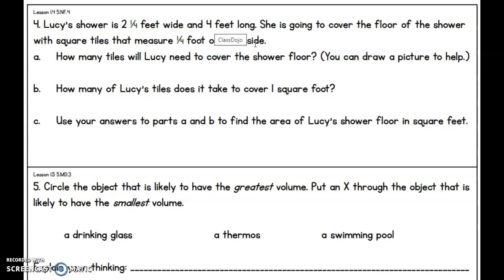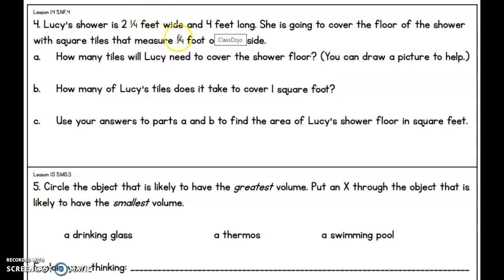You will be needing to figure out how many tiles Lucy needs to cover her shower floor, but the first thing that I would recommend is to find out how many of Lucy's tiles it takes to cover just 1 square foot. By finding out how many tiles it'll take to cover 1 square foot, you will more easily be able to figure out how many tiles will be needed on the whole floor.